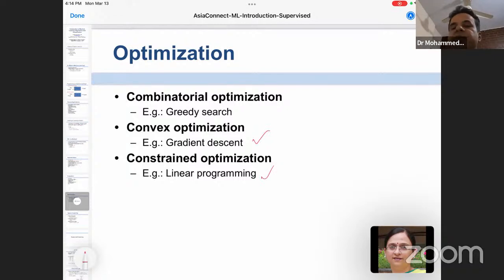There are other kinds of optimization too. So how do we find the optimum solution? In machine learning, you will start with a very rough solution, then iterate over time and find a good solution. How to iterate in the solution space is called optimization. Okay.